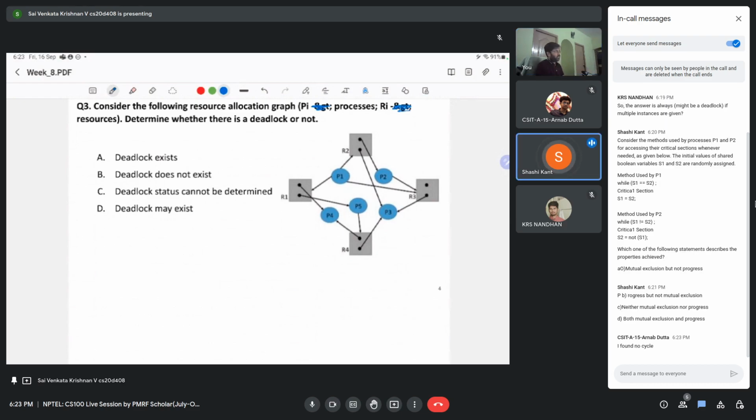Yes, sir. There's no visible cycle actually. Right. So Arnab and others, yeah. So there is no cycle in this graph. So the correct answer is deadlock does not exist. Option B is the correct answer.